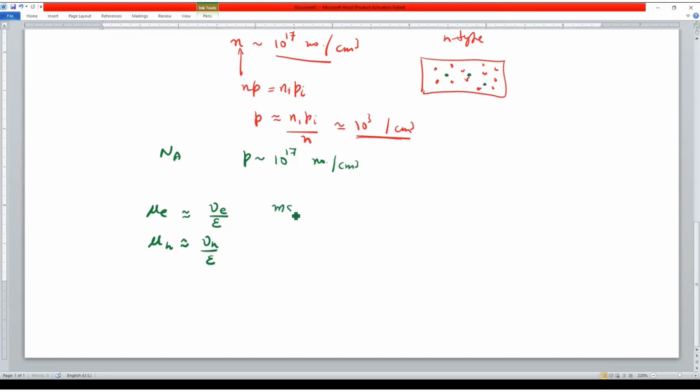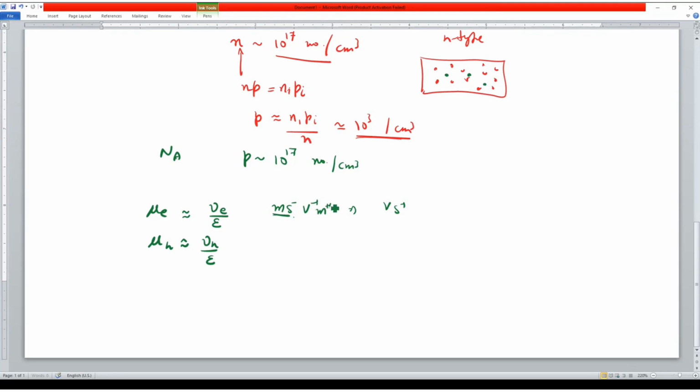meter per second हो गया, and per electric field, that is volt per meter. So per meter means divided by m आ गया आपके पास. तो this will be something which is volt per second हो गया if I am correct. Meter per second is the velocity, and electric field is this.